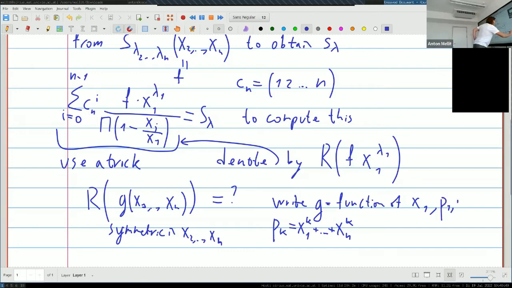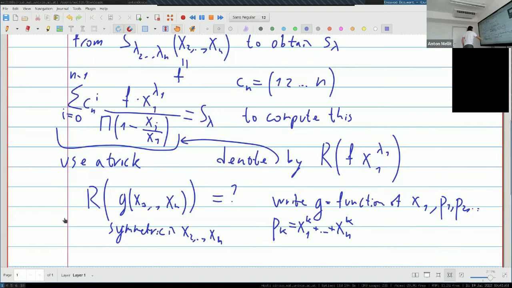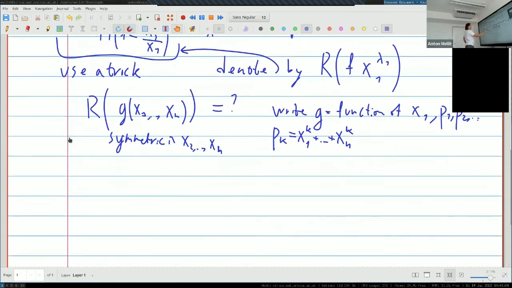You see, the trick here is I wrote everything as a function of pk's, which are sums over all variables. Initially, the function is given as a function of x1 and the rest of the variables, but I can still rewrite it in this way by changing variables. And then I can simply move out.